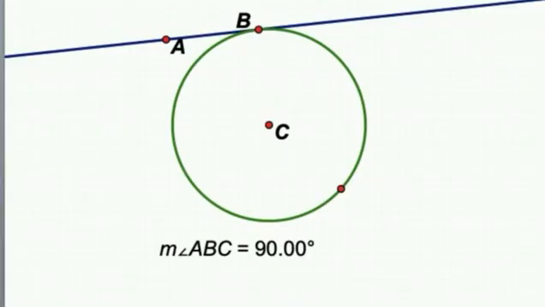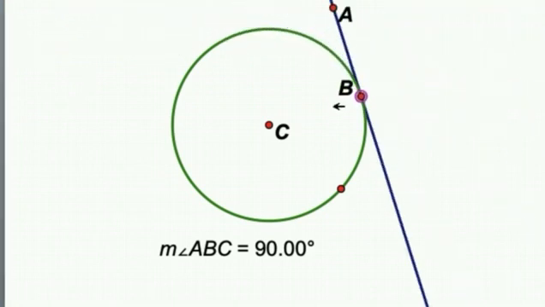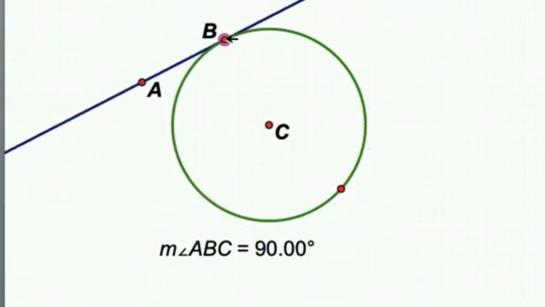Okay, one of the theorems we'll be using is that if I have a tangent line to a circle which intersects a circle at one point, like this line AB, at that point of tangency, if I draw the radius from that point to the center of the circle, then this radius and this tangent line are going to always be perpendicular.